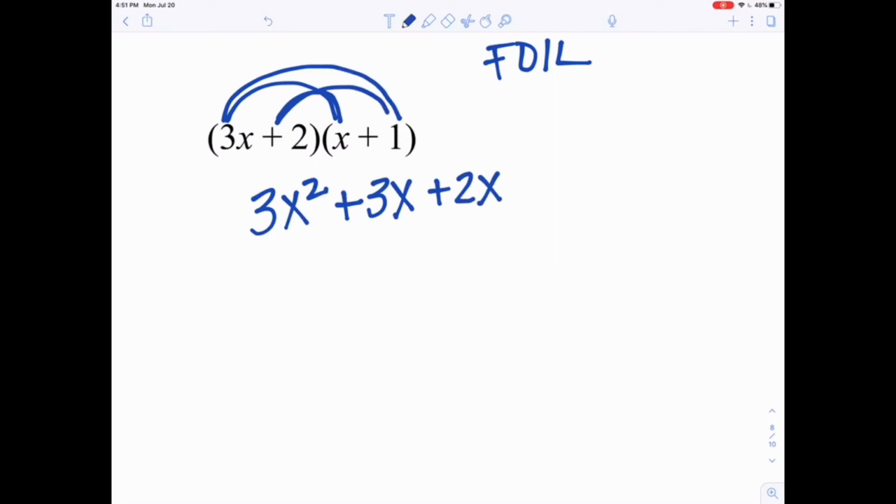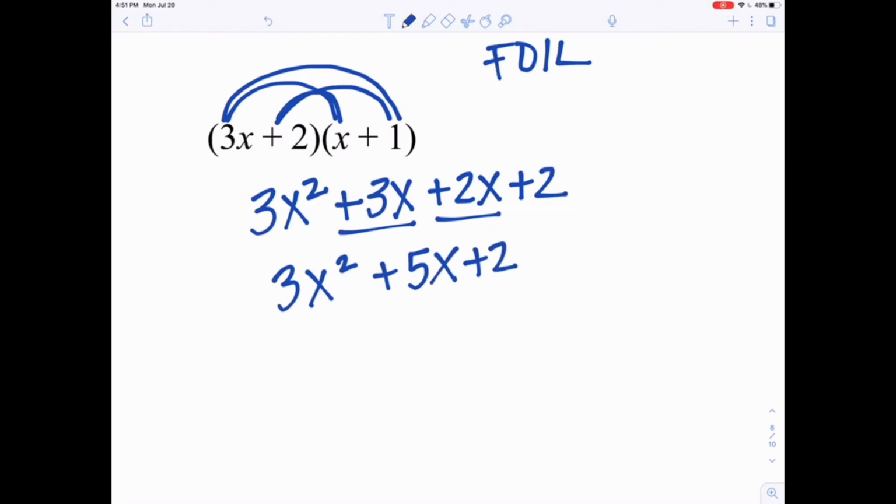And last, positive 2 times positive 1, positive 2. So now we combine these two, we add them up. They have the same variable, the same exponent, so we can add them together. So we get 3x squared, 3x plus 2x is 5x, plus 2. And there we go.